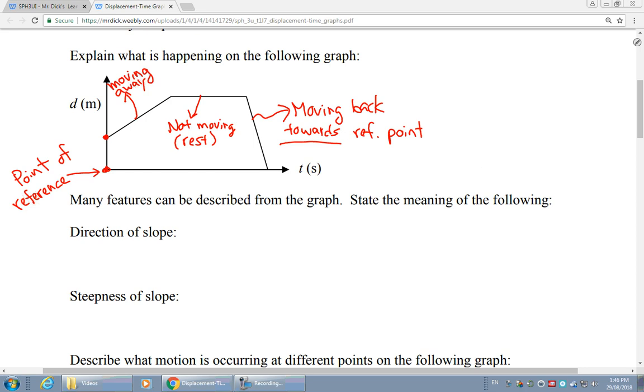So you're moving back towards the reference point in that case. And I'll also just be a little bit more specific. You're doing it a little bit faster than you moved away.